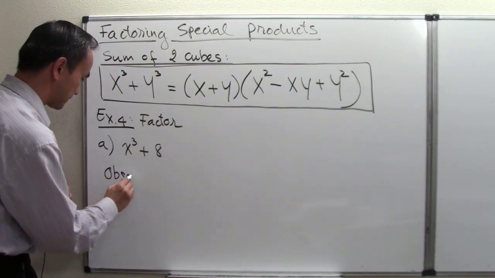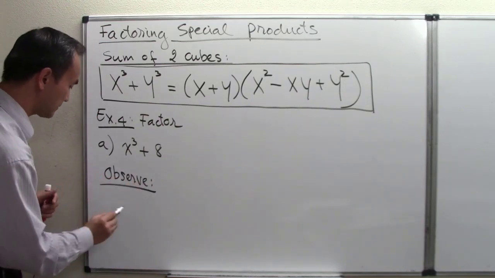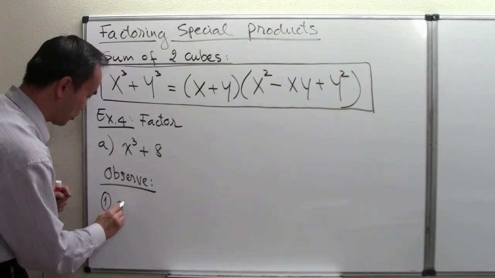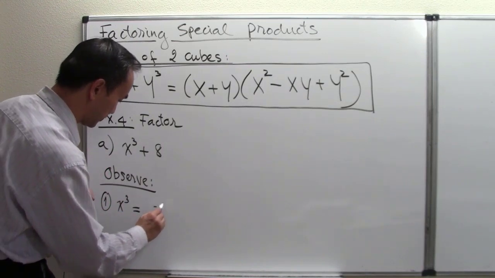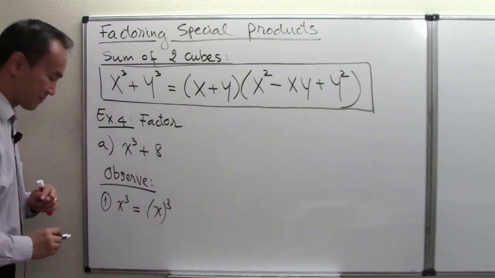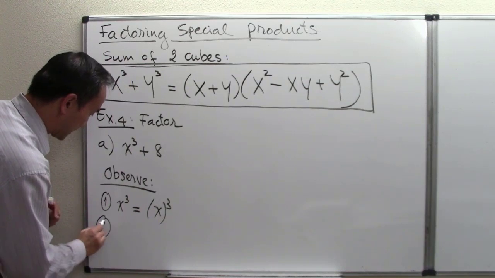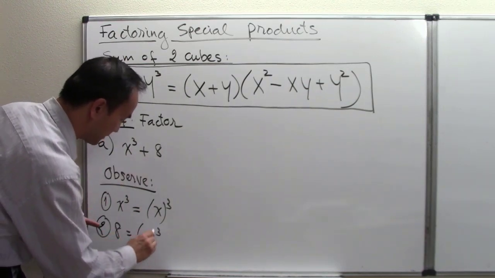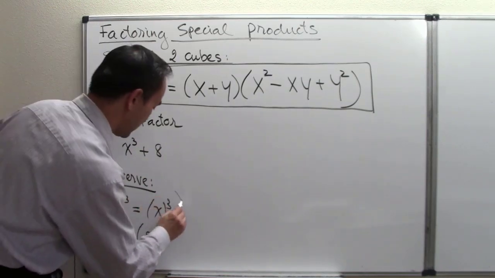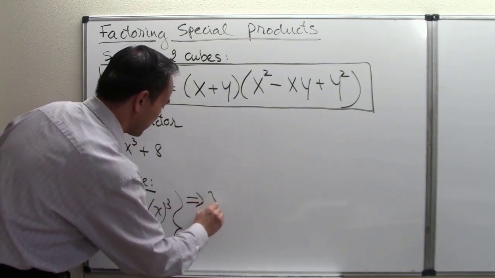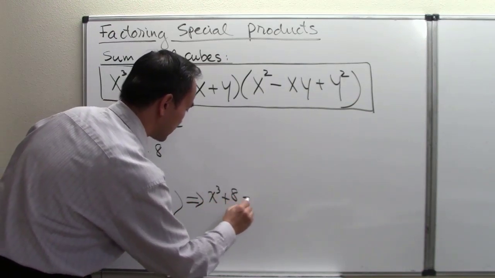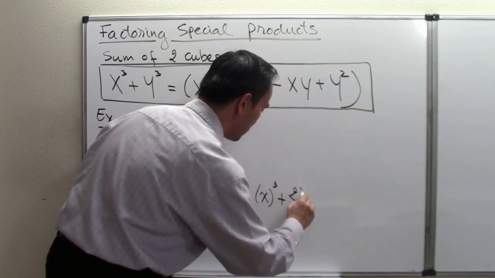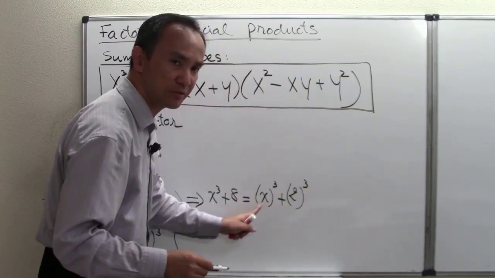Observing the first term of our polynomial, x cubed is a perfect cube, x all cubed. 8, the other term, is understood as 2 all cubed. And so x cubed plus 8 is x all cubed plus 2 all cubed. We have a sum of two perfect cubes.